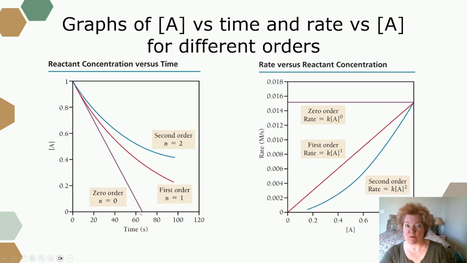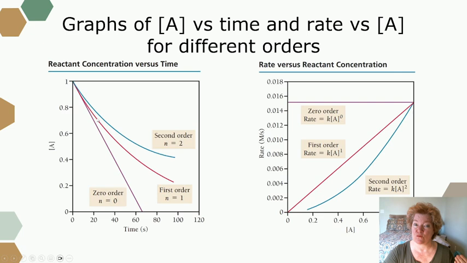Remember in that last section when we talked about how to calculate rate, we know that it's related to the slope of the curve of concentration versus time. And in this case, since it's a line, the slope is constant. So it would be the same rate the whole time. It's independent of concentration of A. If it's first order, it turns out that as there is less and less concentration, the reaction rate slows down. So I see a very steep beginning.